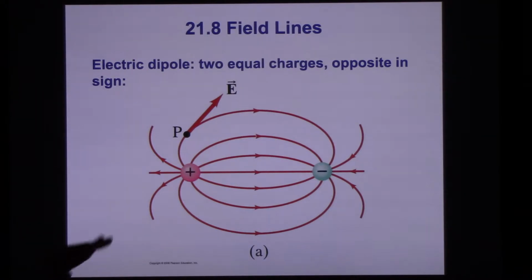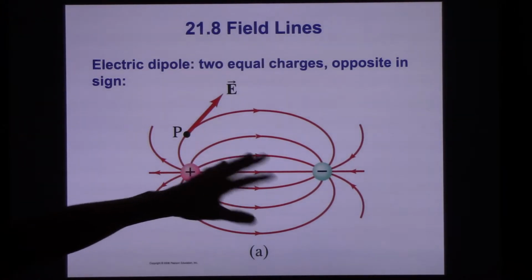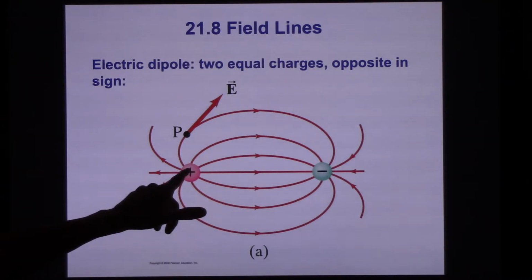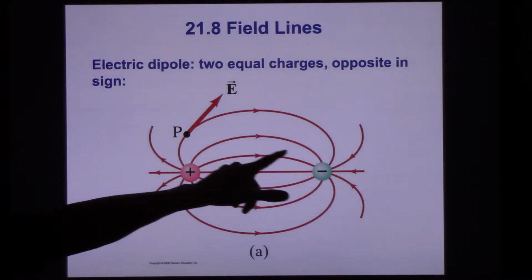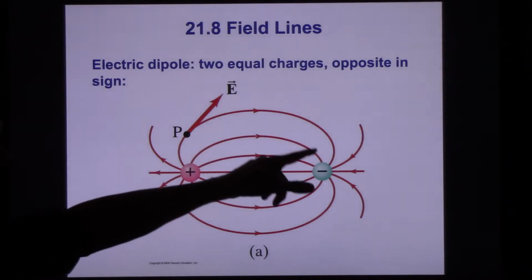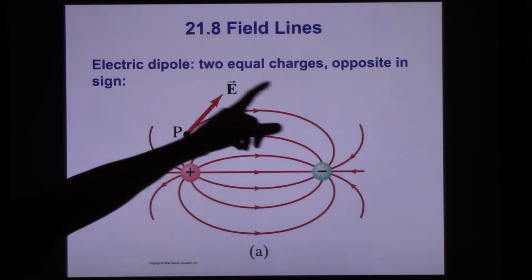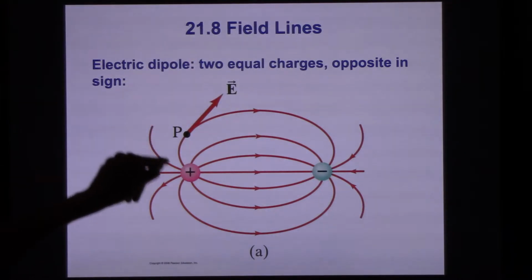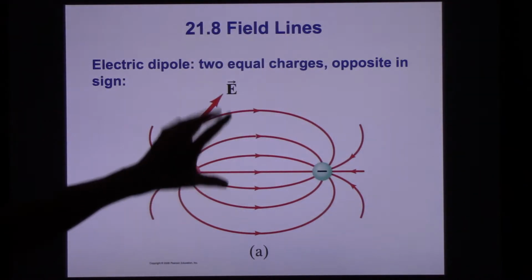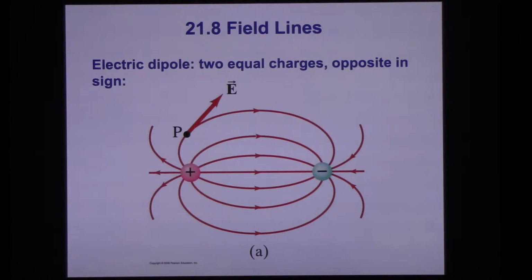Since we have the same number of field lines, since these charges are the same, the field lines from the positive charge will, if we follow those and draw them, all terminate on the negative charge. Now remember, there's nothing actually moving in this direction. We could just as easily define the electric field in the opposite direction. This is just a handy way to keep track of what happens if a positive charge comes by.